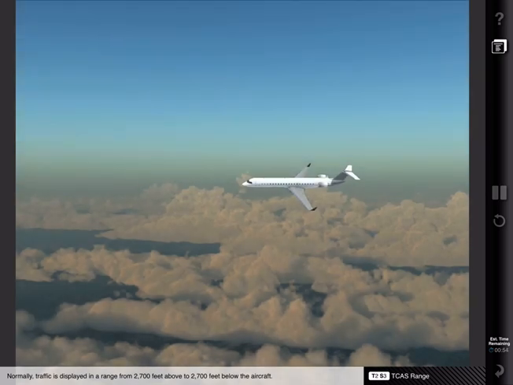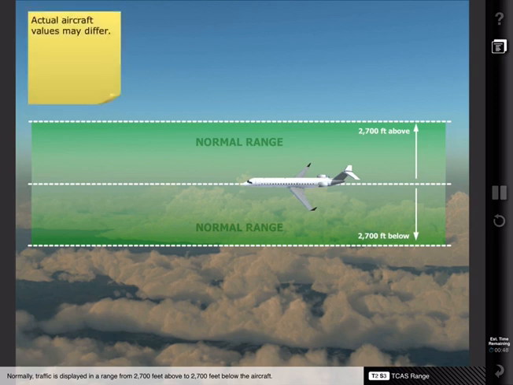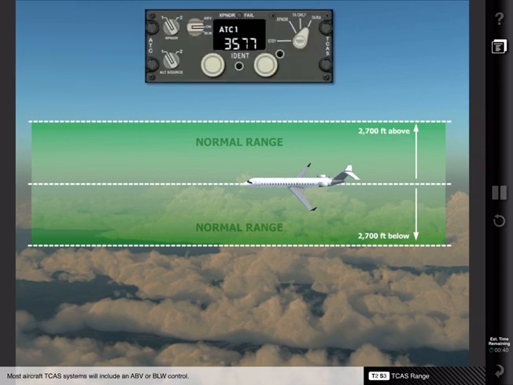Normally, traffic is displayed in a range from 2,700 feet above to 2,700 feet below the aircraft. Most aircraft TCAS systems will include an above or below control. This allows the crew to select an increased range either above or below the aircraft.